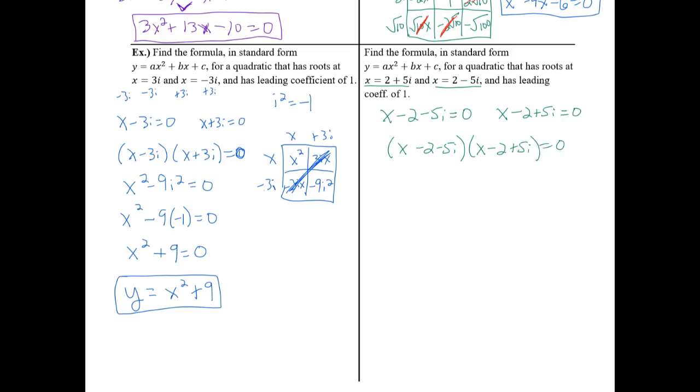And to actually simplify it into our standard form, we have to multiply that out. Again, I like the box method to keep track of all my terms. These are 3 terms by 3 terms, so I'm going to make it kind of big.